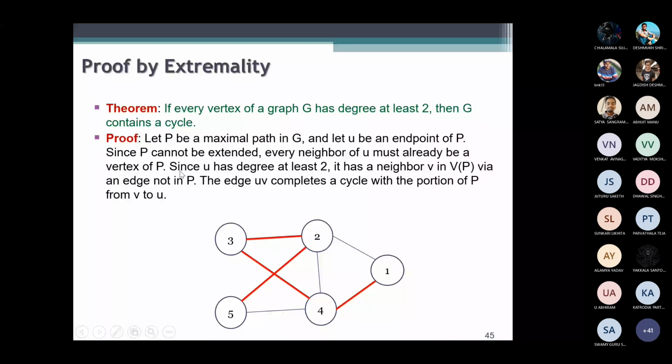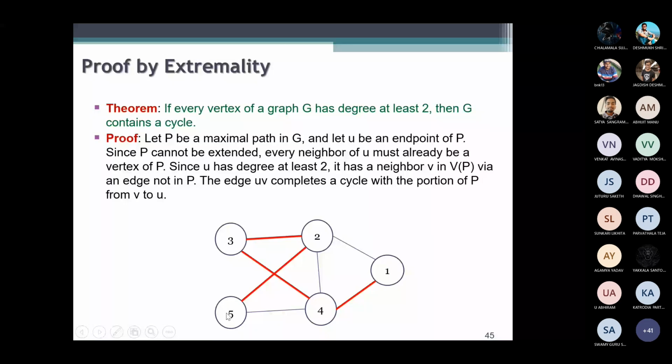Why is that so? Every neighbor of U, why will that be a vertex in this path? Because if this is not the case, then this is not a maximal path. Suppose a neighbor of 5 is a vertex which is not part of this path.